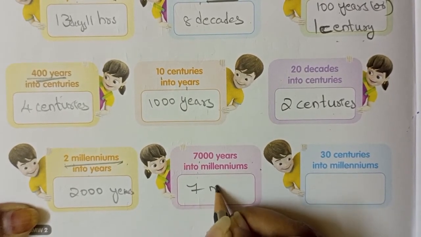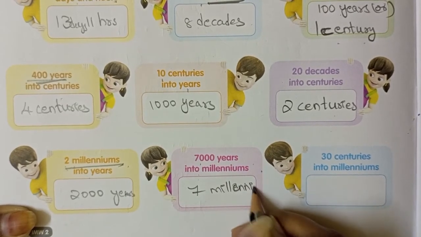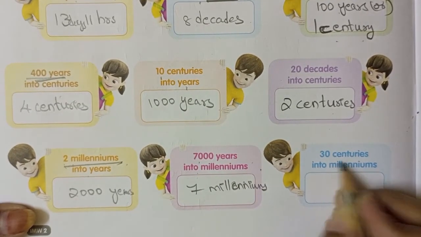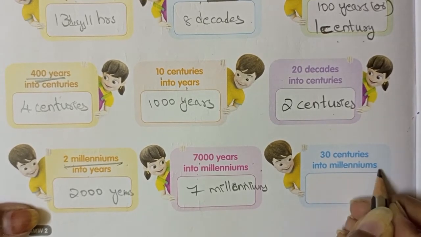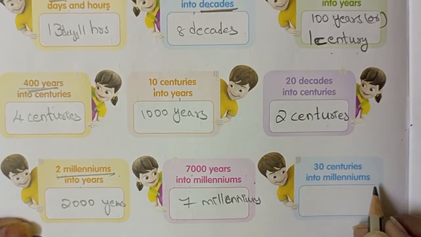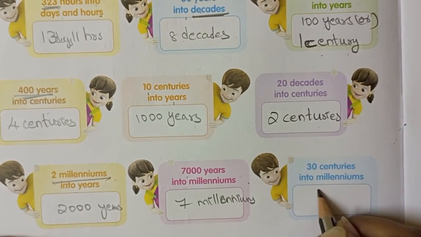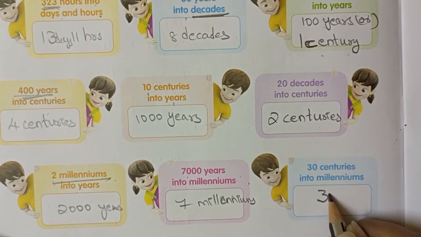So 7 millenniums. 30 centuries into millenniums. So here, 3 millenniums.